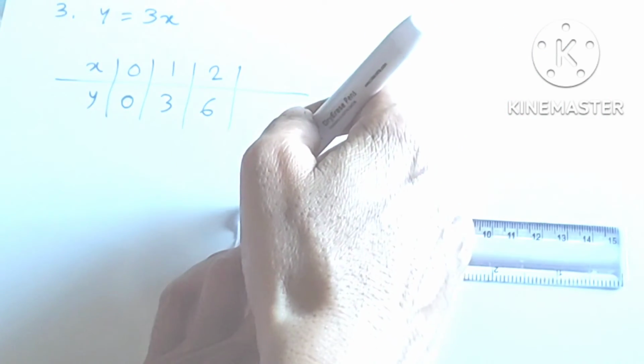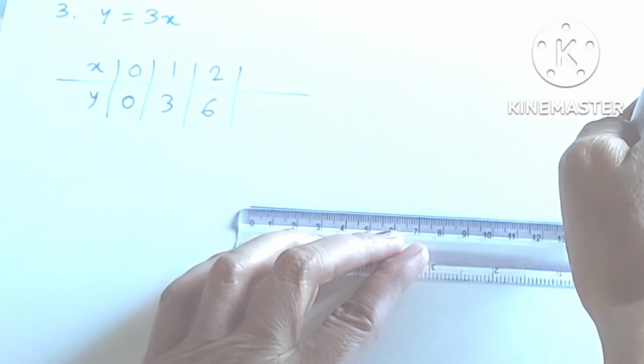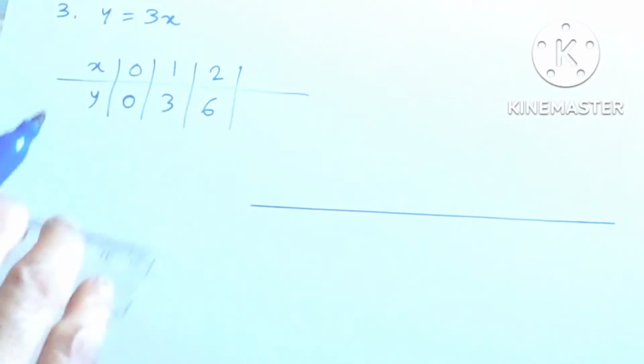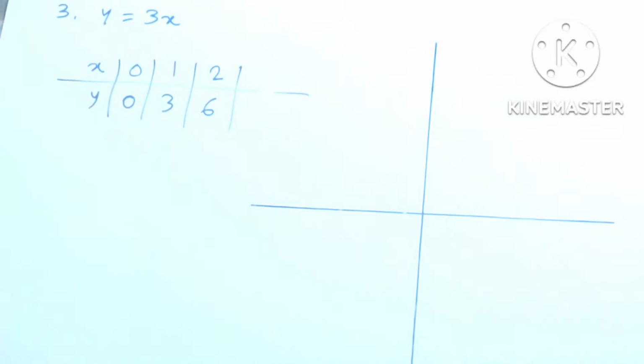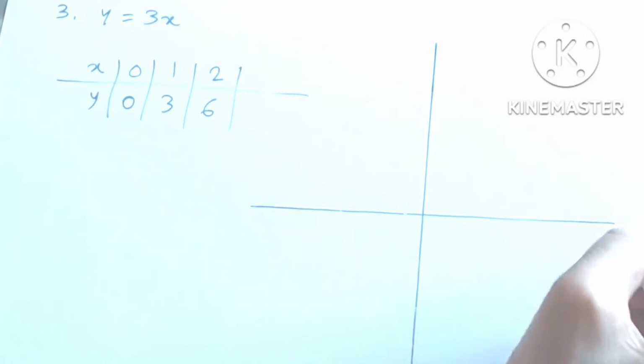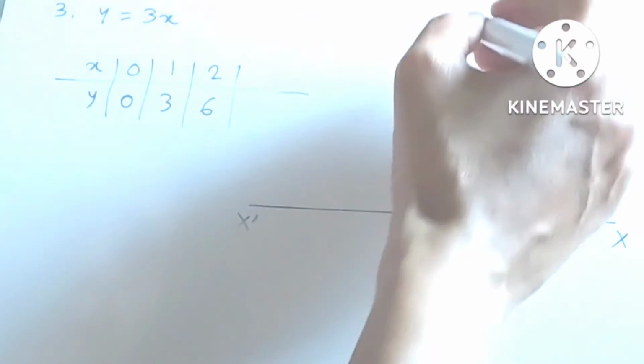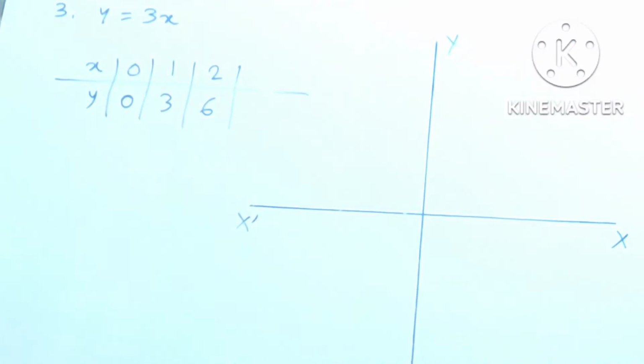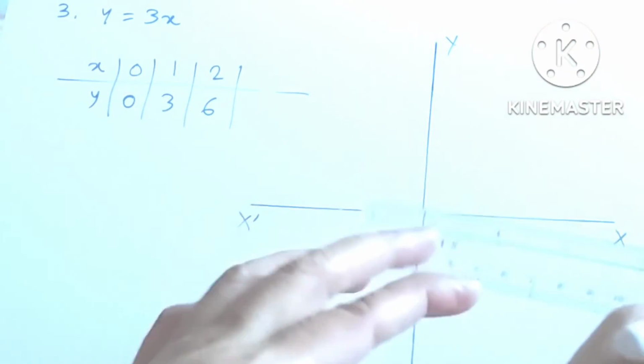So here horizontal line and vertical line for x-axis and y-axis. So here I am drawing horizontal line and vertical line. Here x, x dash and y, y dash.